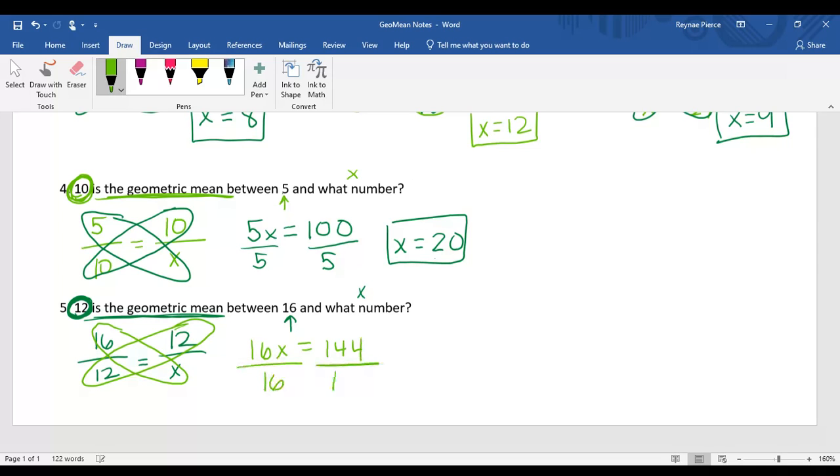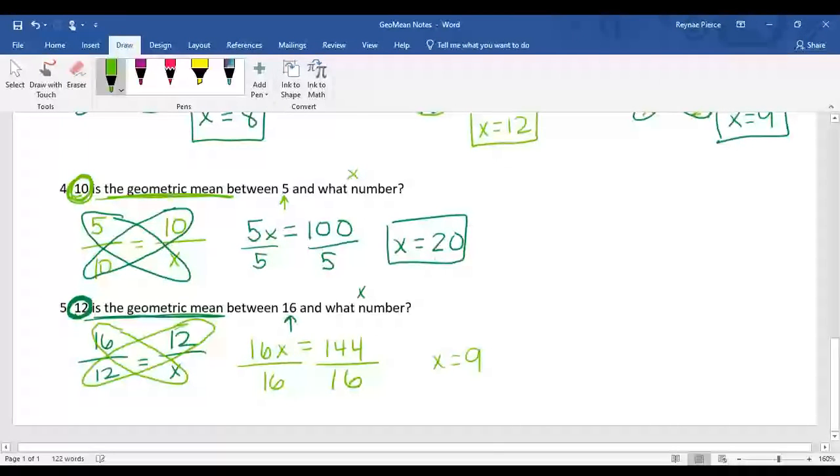And then we divide both sides by 16. 144 divided by 16 is 9. So 12 is the geometric mean between 16 and 9.